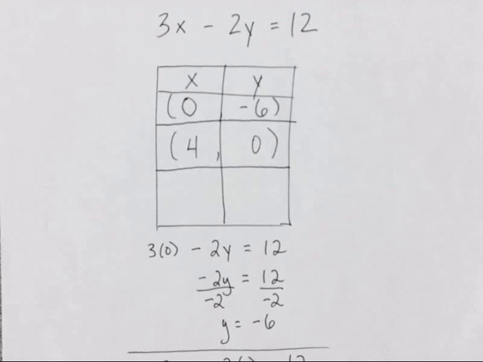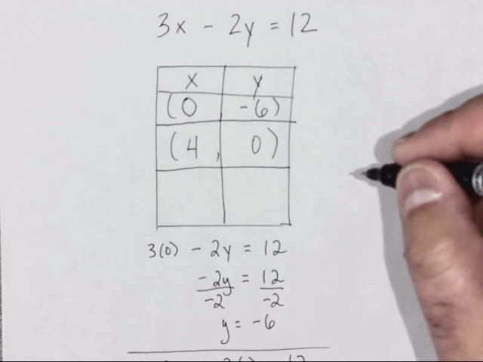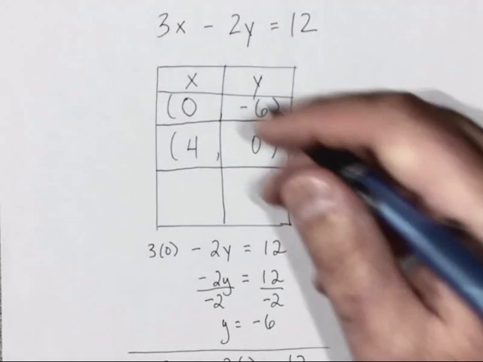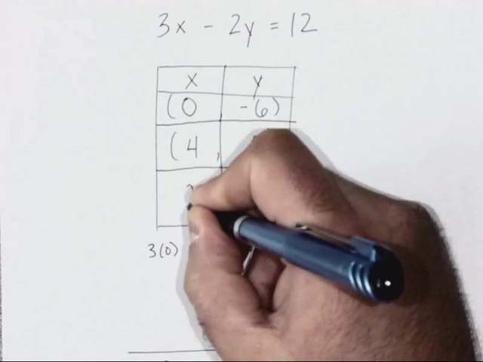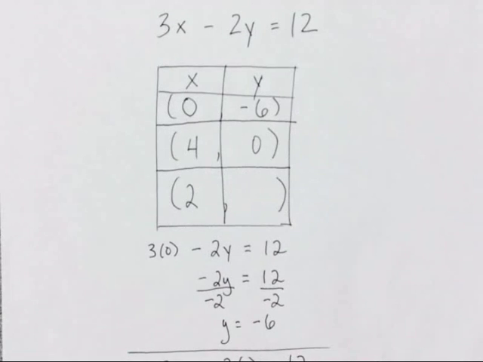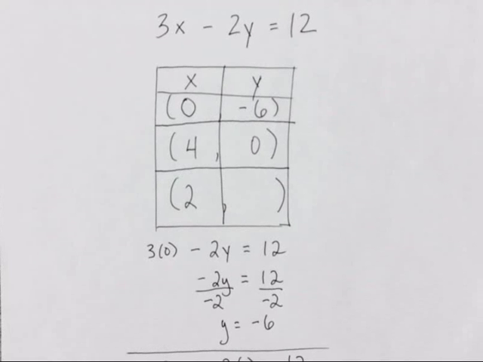So I'm thinking that if I plug in, say, a 2 in for x, then I can make this work. All right, so let's see how that works out. And some of this may be trial and error.